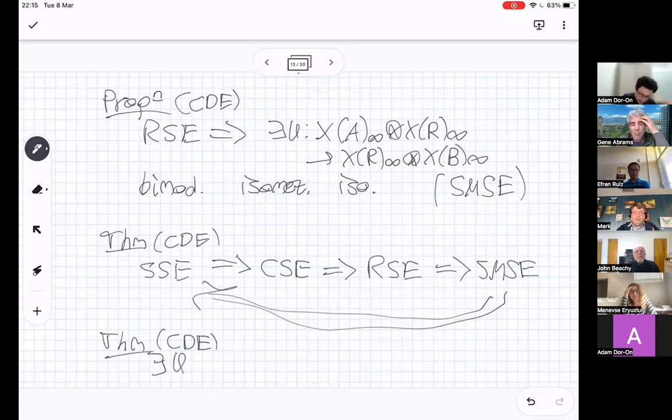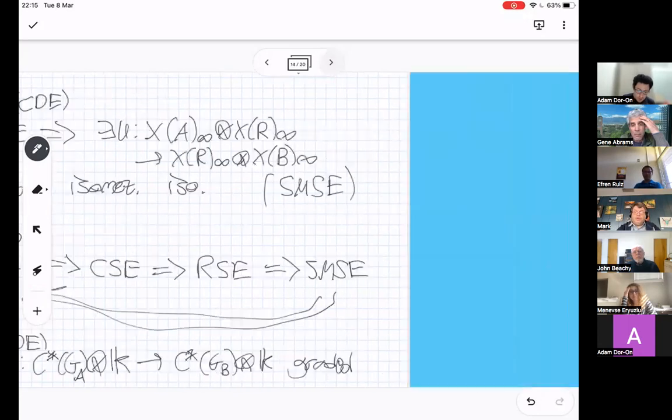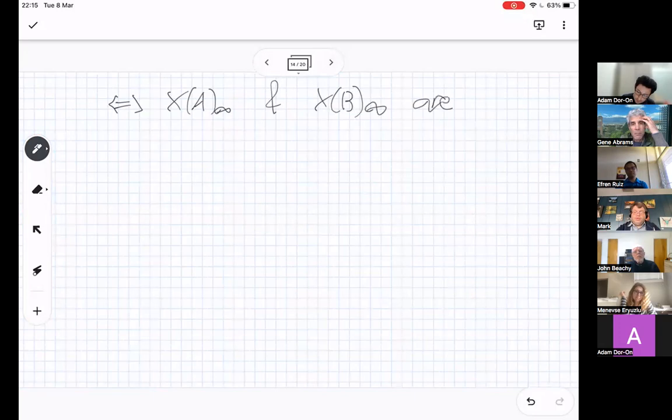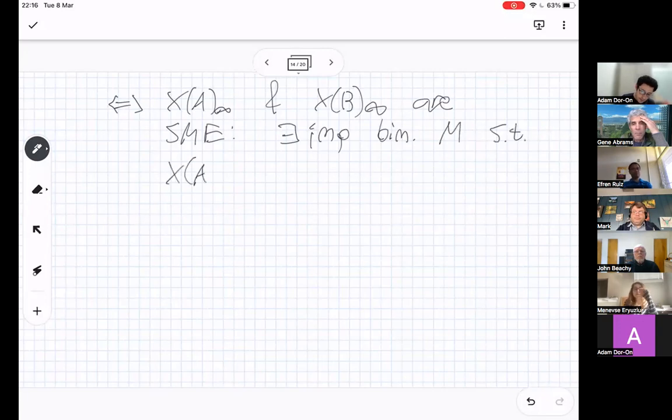There exists phi, which is a graded isomorphism, if and only if X_A infinity and X_B infinity are strong Morita equivalent. So what does that mean? It means there exists an imprimitivity bimodule M such that X_A infinity tensor M is isomorphic to M tensor X_B infinity.